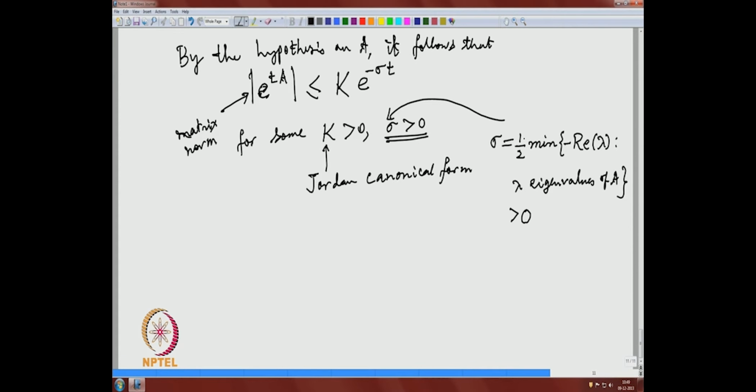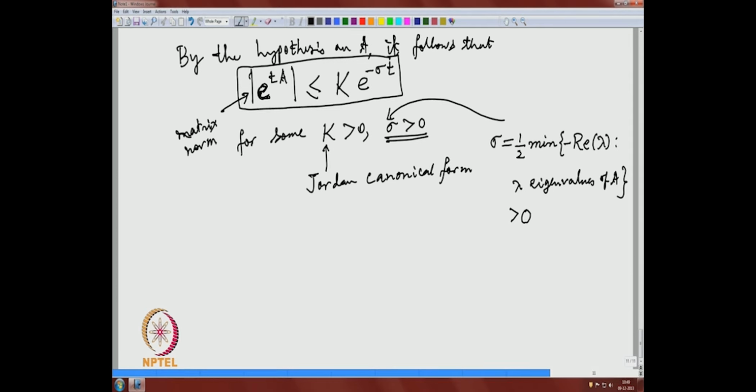Half you can replace by any fraction, that is no problem. This is a very crucial step in the proof of Perron's theorem. This estimate is very crucial, and we have done this in linear algebra.